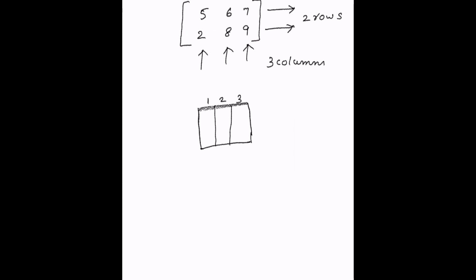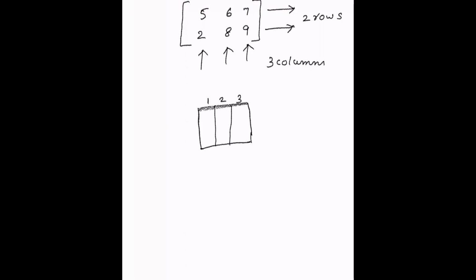Now, each number in the matrix is called an element. So 5, 6, 7, each of them is called an element of the matrix. As I told you, horizontal lines are called rows and vertical lines are called columns.